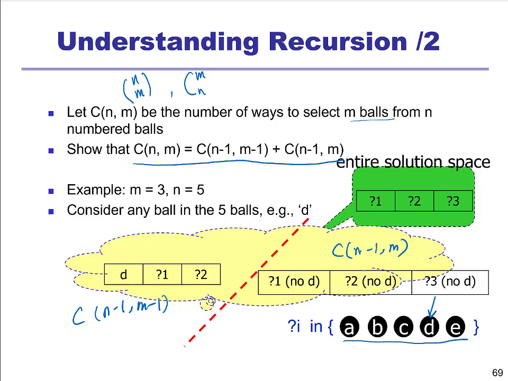Okay, and these are the 2 conditions. If we sum them together, it would be the total number of combinations for selecting 3 balls out of 5. Okay, it's not a formal proof. It's just to show you that this kind of recursive step is correct.